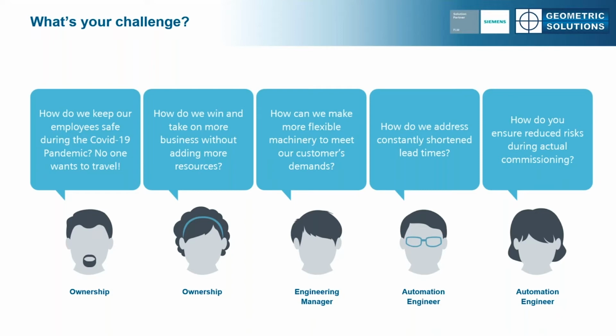Or when it comes to the actual physical commissioning, how can you ensure that there's not going to be any real risk? How can you ensure that during the actual commissioning that you will not fail? These are the challenges of most of the folks that we've spoken to over the past few months.